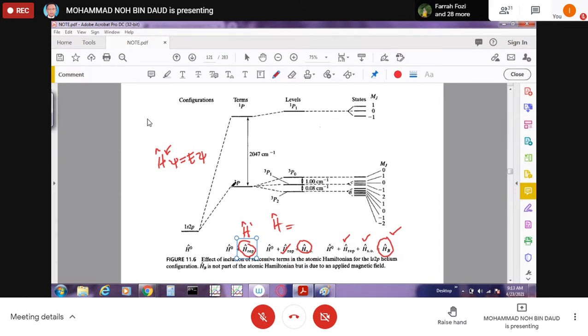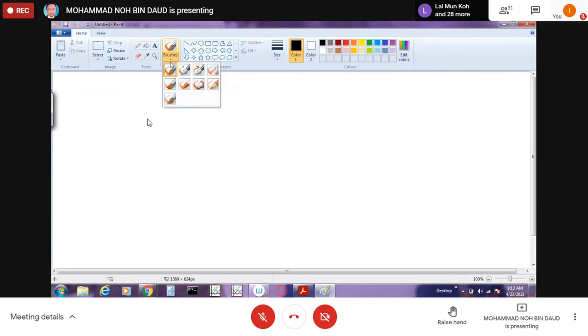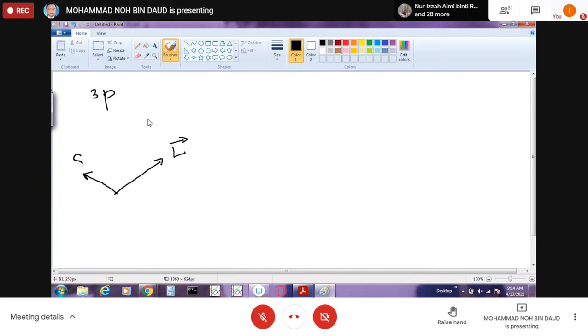And this is the energy. And now we want to look at this triplet P. We have here this total orbital angular momentum vector and the total spin angular momentum vector.